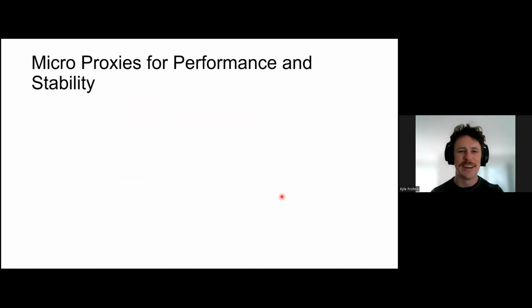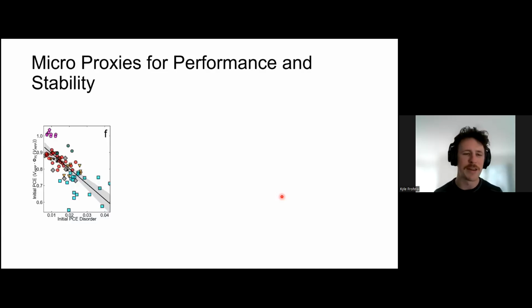I will probably skip over some more slides in the interest of time, but we can talk about it more. In a nutshell, we developed these microscopic proxies for performance and stability in these devices. We basically found that if the disorder in your power conversion efficiency microscopically is lower, then your overall performance will be higher, which is maybe an obvious point. We found for lots of different types of devices, lots of different architectures and perovskites, that this seems to generally hold true.